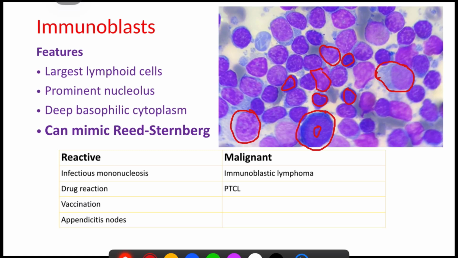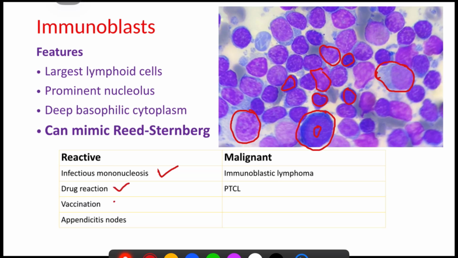Now, immunoblasts may mimic Reed-Sternberg cells, so we have to be careful when we see an excessive number of immunoblasts. In reactive conditions, the commonest cause where you find an excessive number of immunoblasts is infectious mononucleosis.